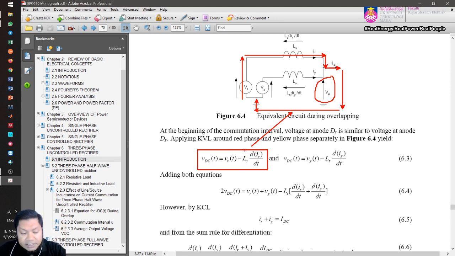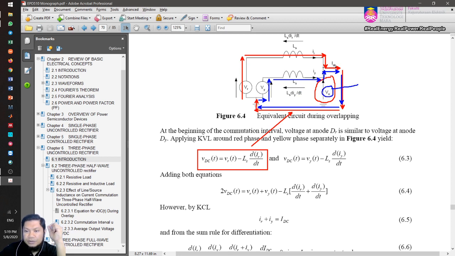And then next, use this other loop. Start from there, go around the loop, and come back. So we have minus VY plus Ls dIY over dt plus Vout, or VDC, equals 0.